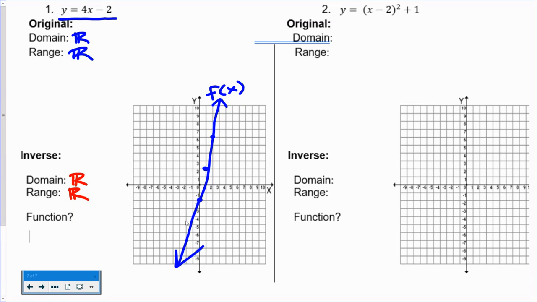I can answer, is the inverse a function at this time? It would pass a horizontal line test, so both the inverse and the original are functions. I can find all that information before I've even found the inverse function, and then we'll go ahead and find that. So I'll switch my x and my y.